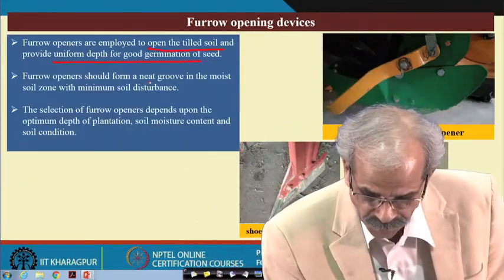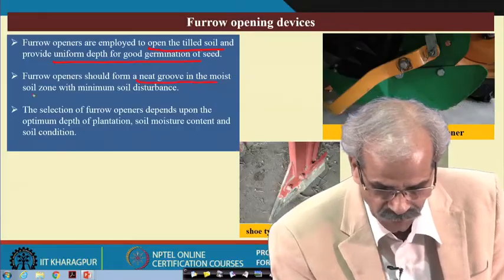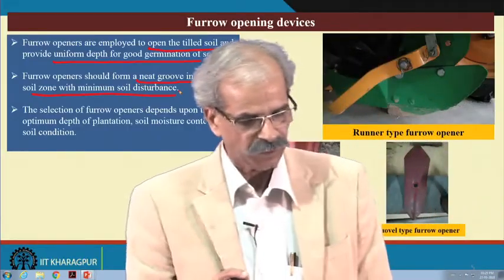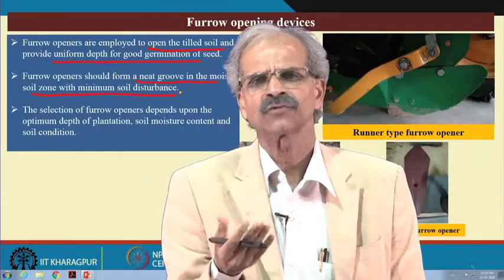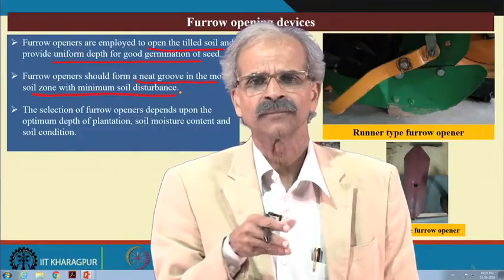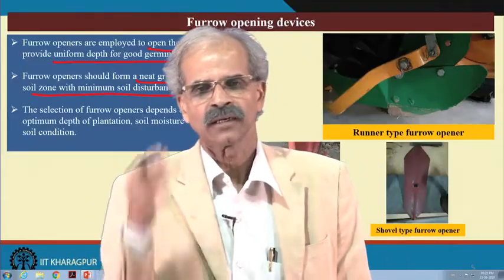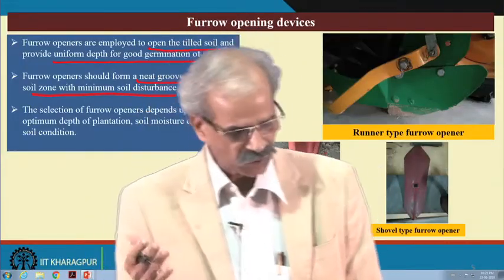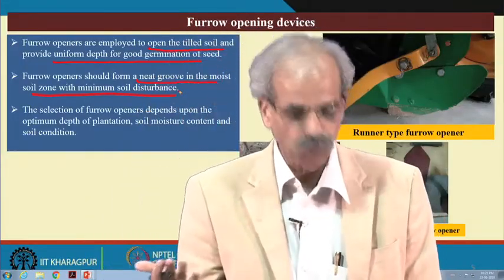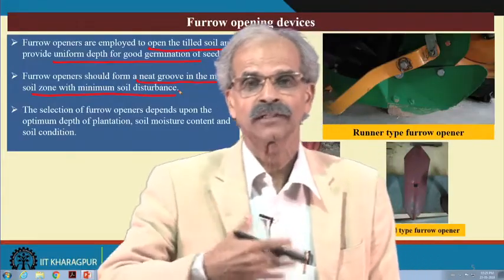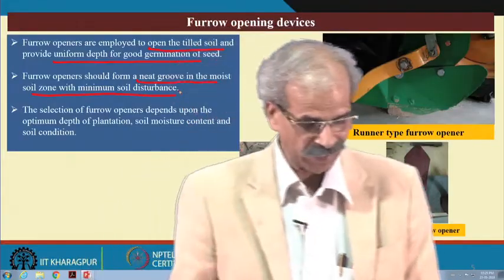Furrow openers should form a neat groove in the moist soil zone with minimum soil disturbance. It only needs to be placed at a location. There is no need to unnecessarily disturb the majority of the soil, because then you will have the job of covering it. We will come to that later.